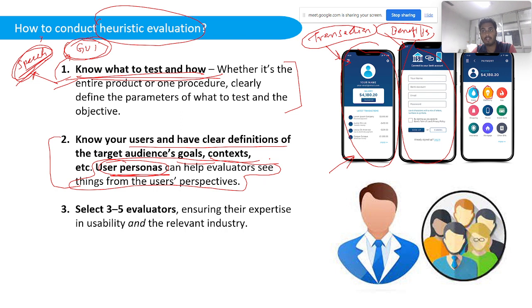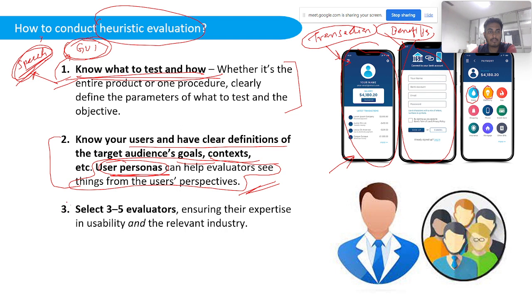Probably for a user who has no exposure to mobile applications, that particular option which may be trivial for the experts may be necessary. So that's why understanding the user and their context and requirements is necessary. So this is the second thing we need to do while conducting heuristic evaluation.